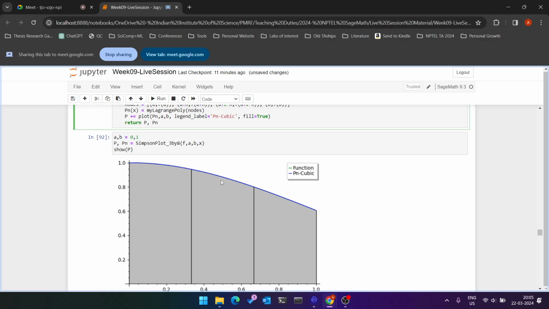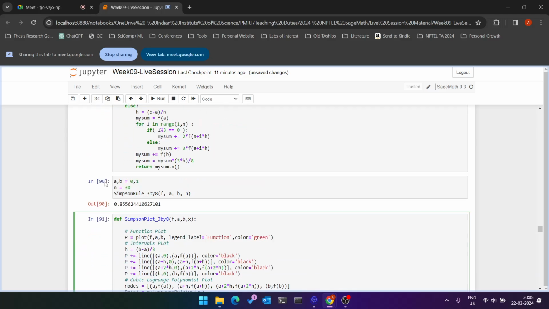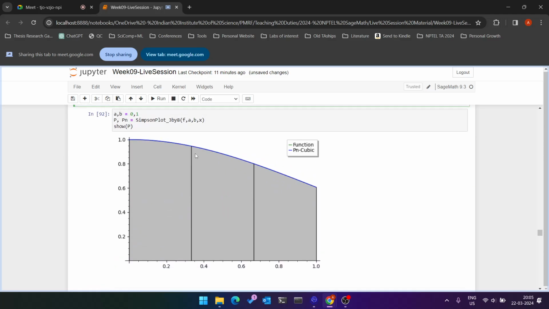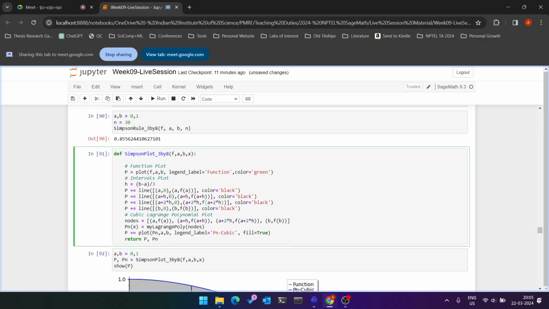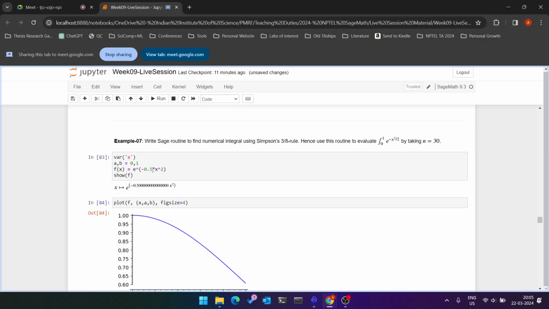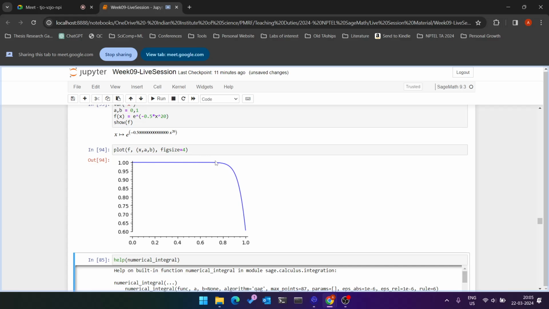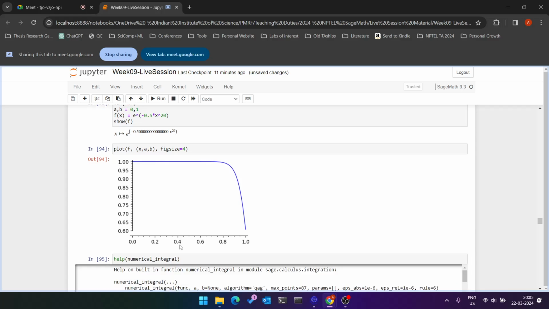In this case, everything looks good, both of them seem to be overlapping, and it may not be clear how things are different. So just to get a feel, suppose I raise it to a very high power, say x raised to 20. Now this is a very sharp function which I doubt can be represented by a cubic polynomial.